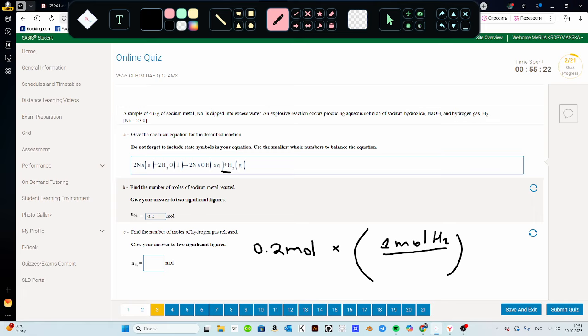Sorry, I forgot to mention that this one's Na. And obviously at the bottom, we're going to have 2 Na as well, because here the prefix is 2. So we're going to cross out the Na so we can do the calculation. Now 0.2, we just times by 1 over 2, which gives us 0.1.